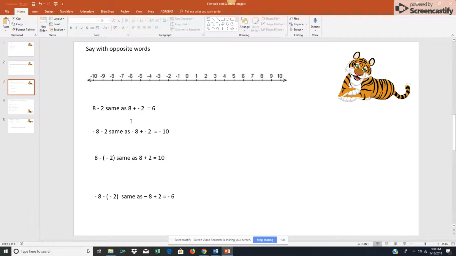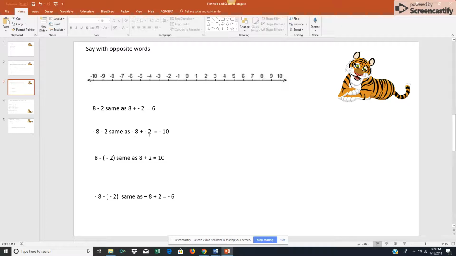So the first problem, 8 and the opposite of 2. I'd be out here on the number line, 8 places to the right, and the opposite of 2, well, if it was just 8 and 2, I would go 2 places to the right and get 10, but no, this is 8 and the opposite of 2, so I'd be going 2 places to the left, and I would get my 6.